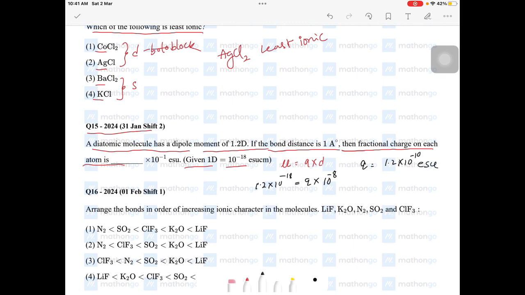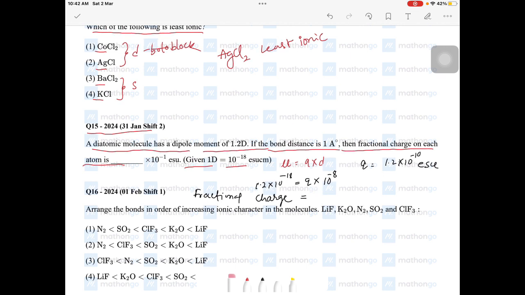Now the fraction of electron charge, the fractional charge, that is q by the electronic charge.